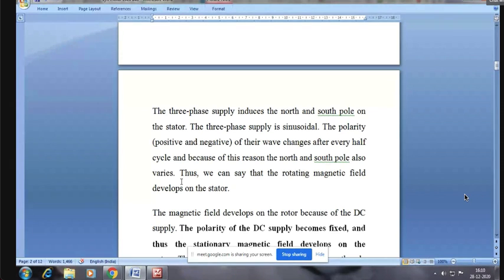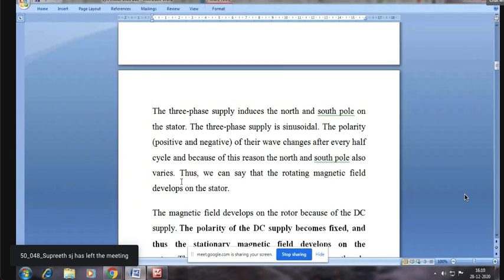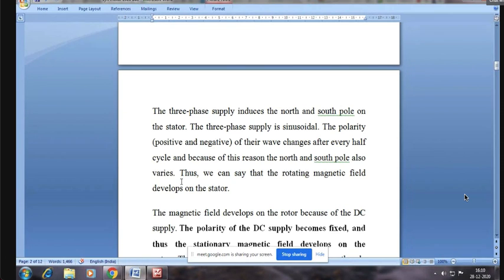When this goes negative, it becomes a south pole, and it keeps changing. Therefore, on applying a three-phase voltage, the magnetic poles are induced in the stator, and these poles will keep changing their polarity at regular intervals of time. Is it okay?